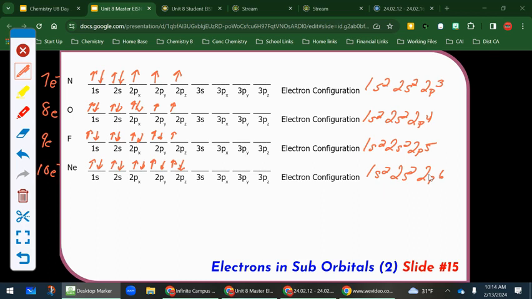Questions? What would sodium's configuration be? What should it start with?